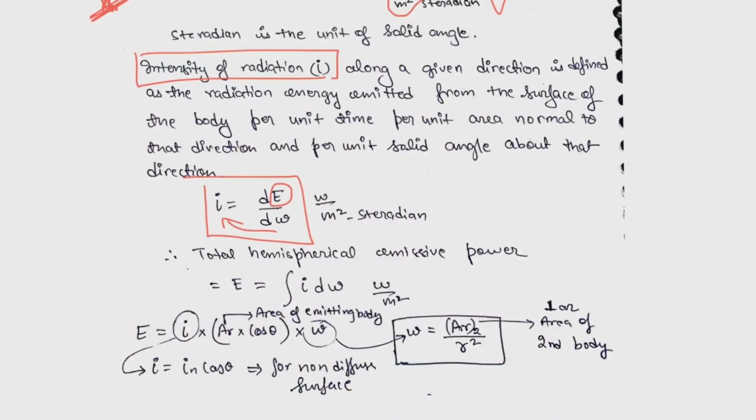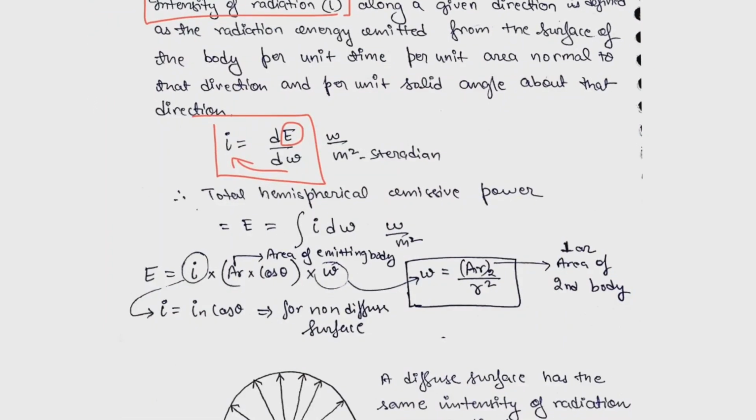You will get E is equal to I into the area of the emitting body that is perpendicular to the direction of emission, into solid angle. Solid angle is nothing but the area of the second body that is taking these radiations, the area of the second body upon R square.